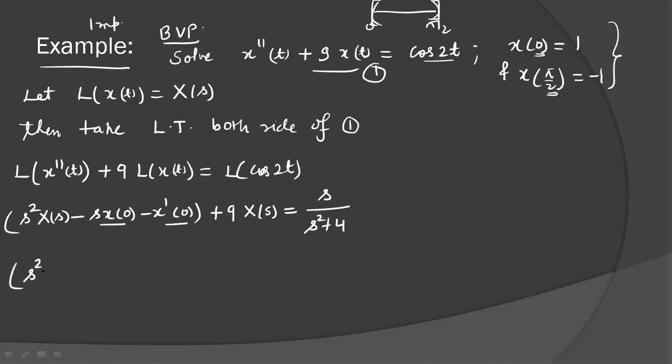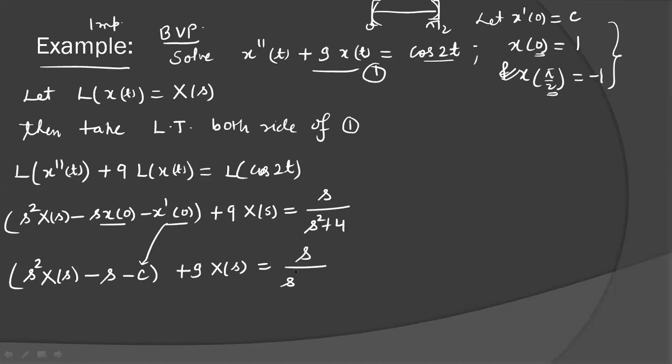Okay, no problem. s squared X(s), x(0) is 1. I am supposing x dash(0) is c. Now our aim will be to find c with the help of the boundary condition. So minus c, plus 9X(s) equal to s over s squared plus 4.